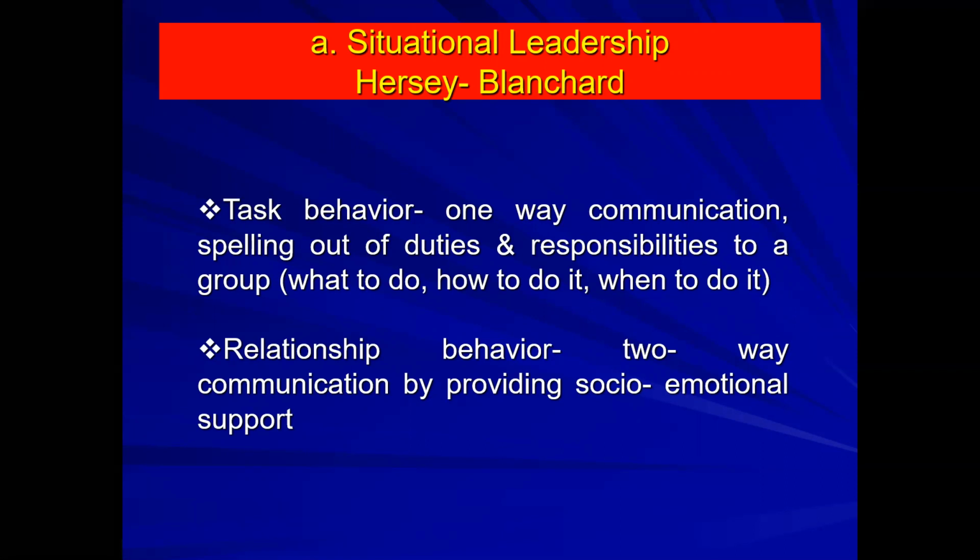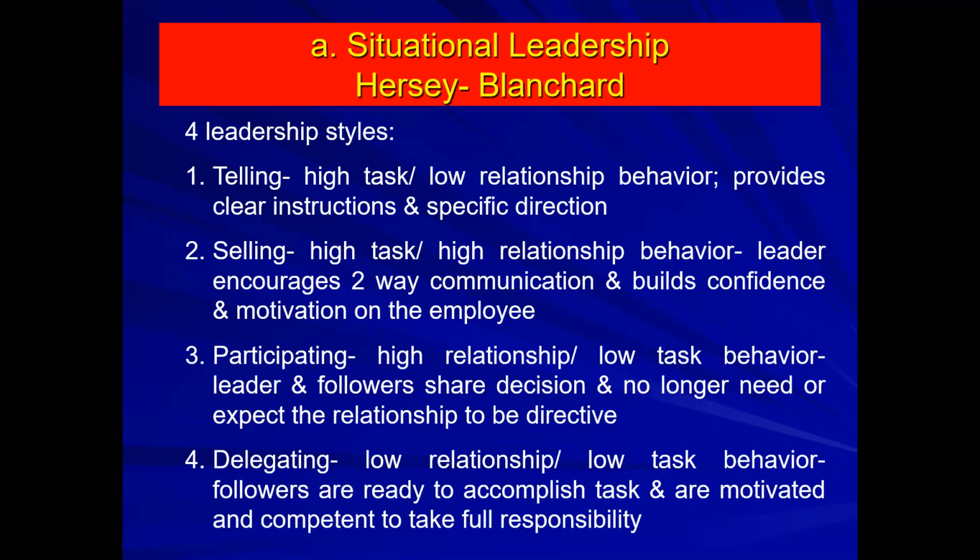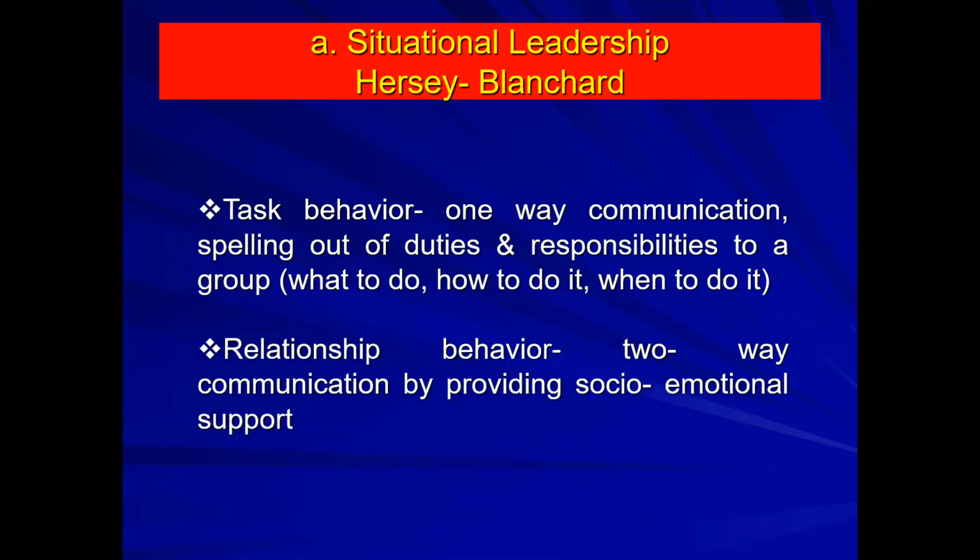So it tells us what to do, how are you going to do it, and when to do that certain action. So also relationship behavior is a two-way communication by providing a social emotional support.